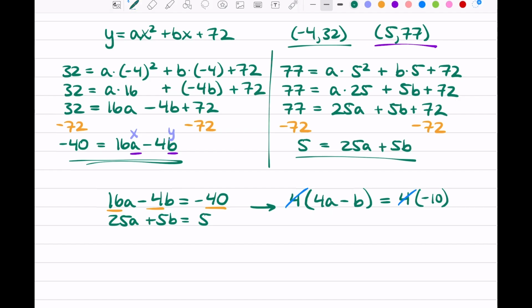And we can do the same with the second equation. Each of our numbers there is divisible by 5, so we'll factor out that 5 first. We're left with 5a plus b on the inside, and 5 is the same as 5 times 1. So dividing by 5, we cancel those out.